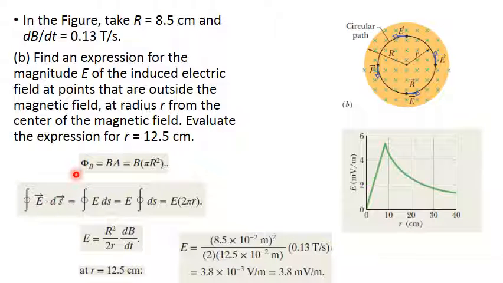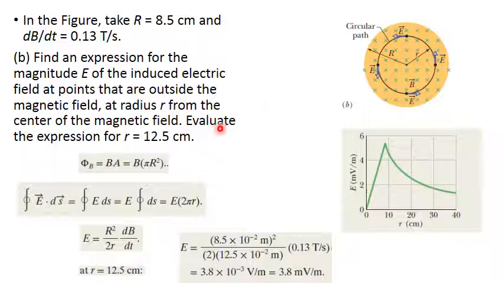So for any point outside capital R, the magnetic flux is the total magnetic flux, in this case, inside this yellow area. So the magnetic flux here would be B multiplied by the area of the magnetic field, not the area of the electric field loop, because this part, for example, doesn't include magnetic field.